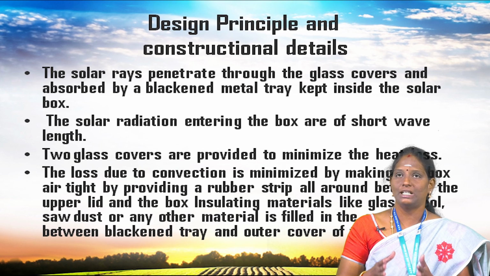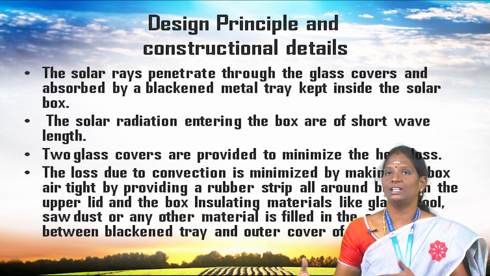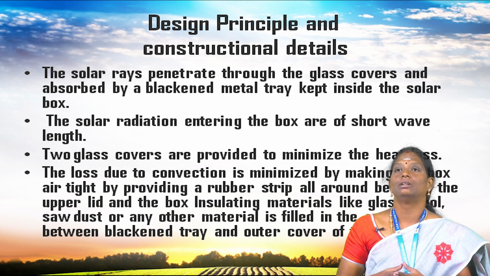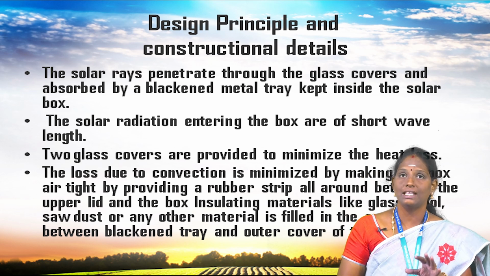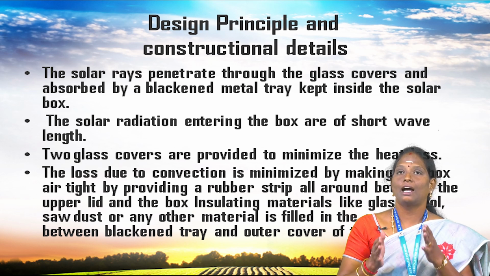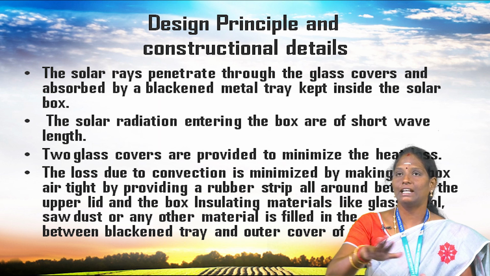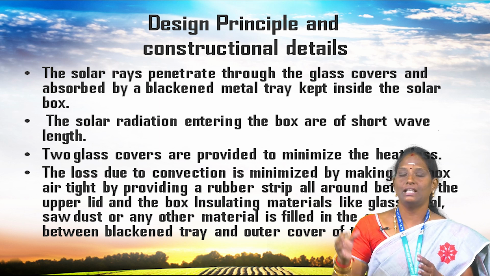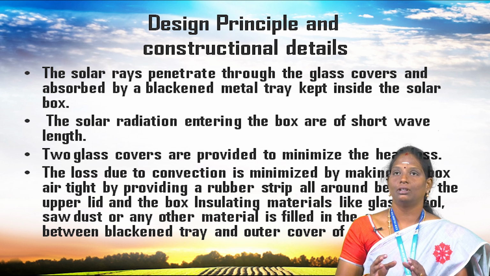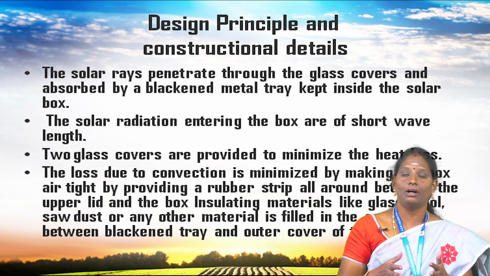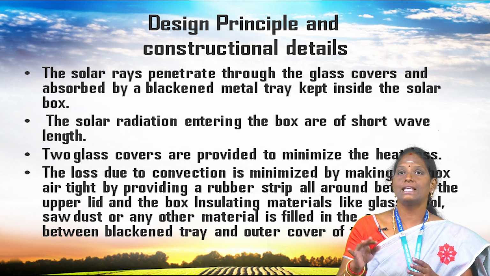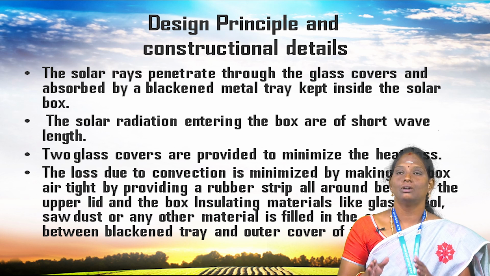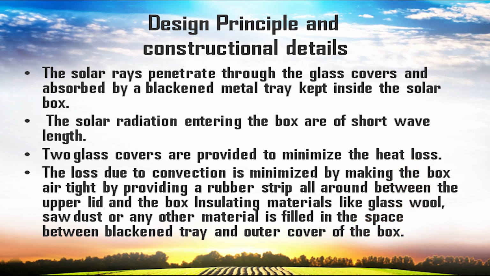What is the principle and the constructional details of a solar cooker? The solar rays penetrate through the glass covers and are absorbed by a blackened metal tray kept inside the solar box. The solar radiation entering the box is of short wavelength. Two glass covers are provided to minimize the heat loss.